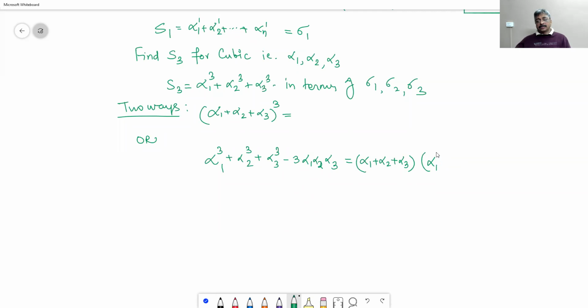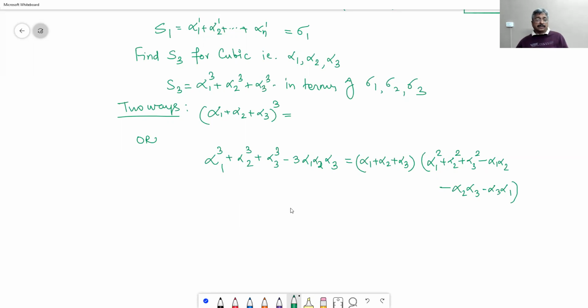Alpha 1 square plus alpha 2 square plus alpha 3 square minus alpha 1 alpha 2 minus alpha 2 alpha 3 minus alpha 3 alpha 1, bracket complete. If you multiply these two, you get this.